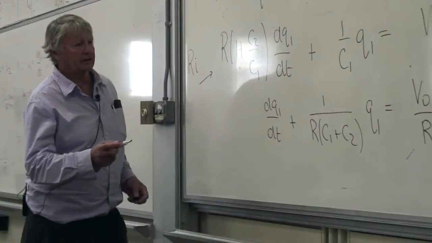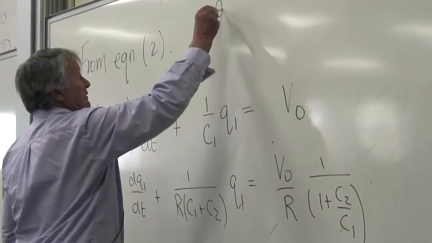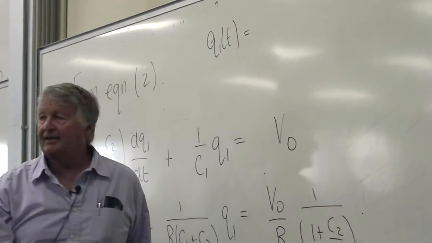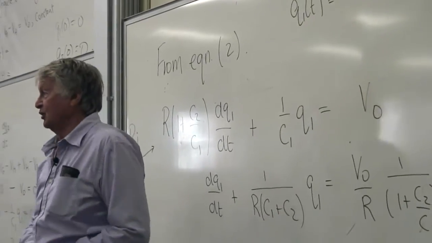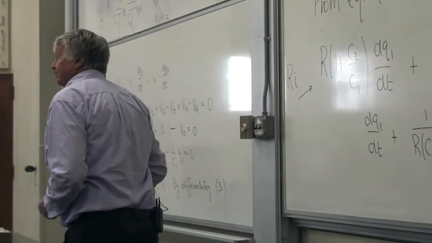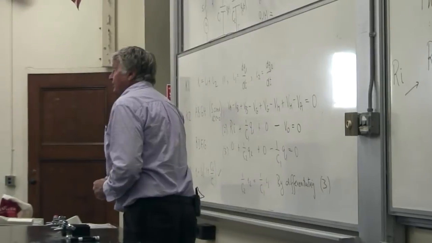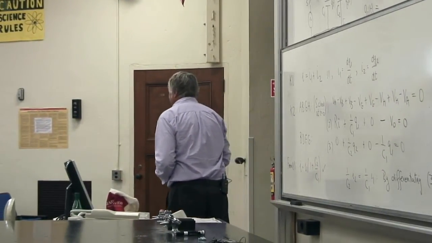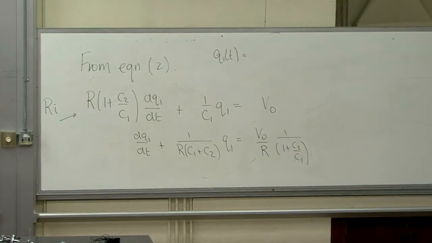Q1 of t will be, actually, can anybody guess what the answer will be? What do you think the long time answer will be? How much charge will be on this capacitor after we wait a sufficiently long time? We'll see roughly how long that is in a minute from the answer.